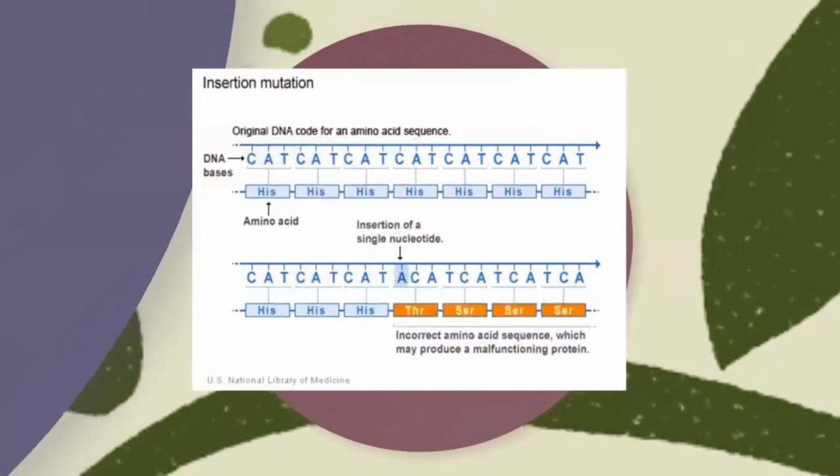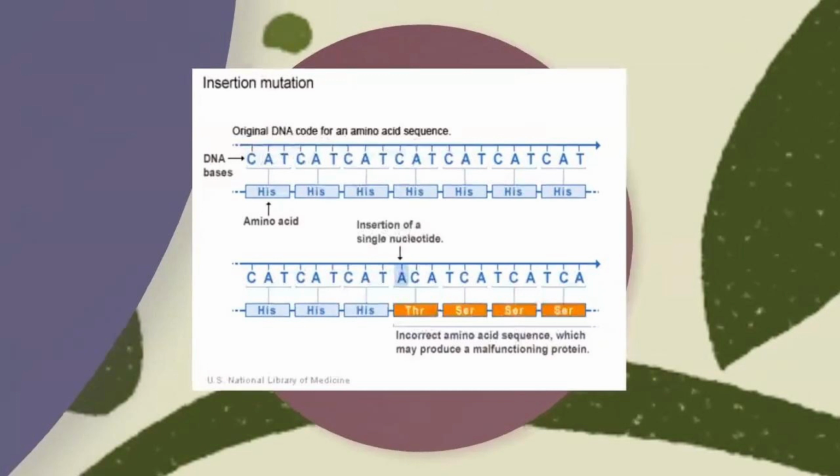For this, I would really recommend going to either watch the YouTube video or look at the PDF document to understand what I mean. But what happens with an insertion is everything gets shifted along one position. So if we imagine we have a sequence of 3 amino acids, so that will be 9 base pairs.